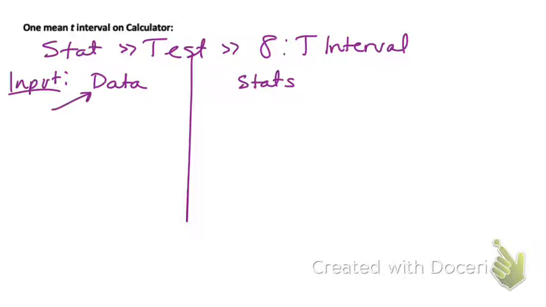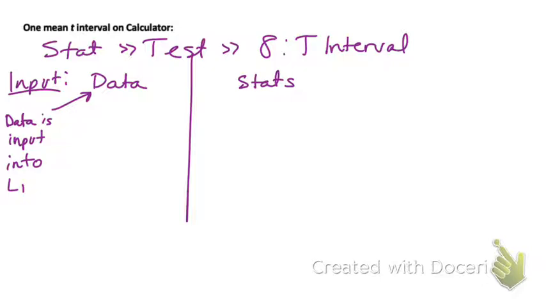When you have individual data given to you in the problem, this is when your data is input into L1. Do you guys remember how to put data into L1 in your calculator? Stat, edit, right?